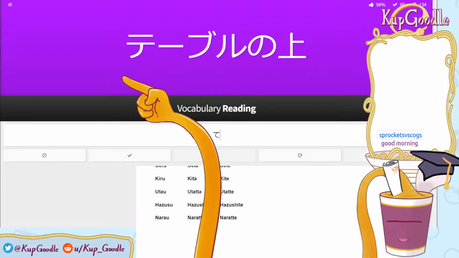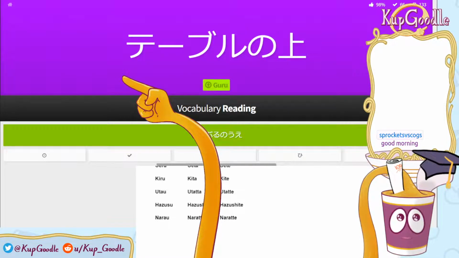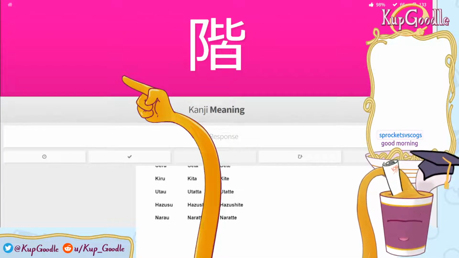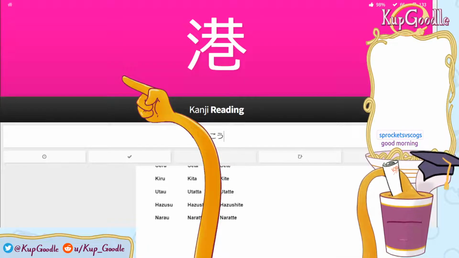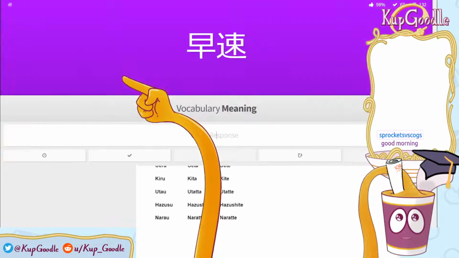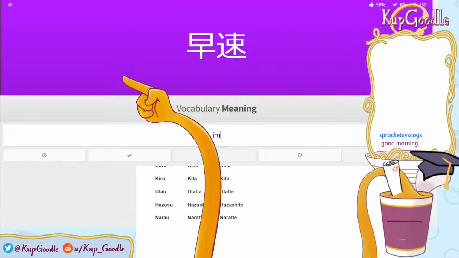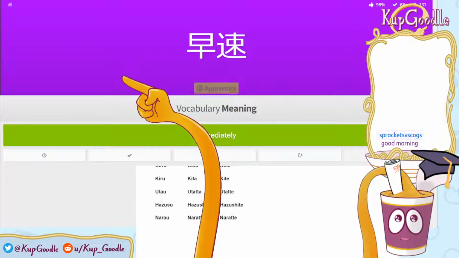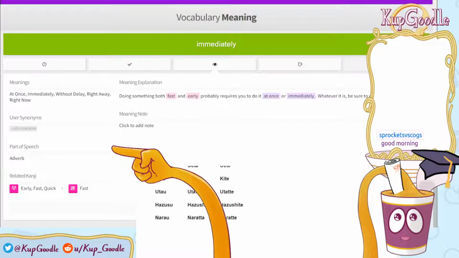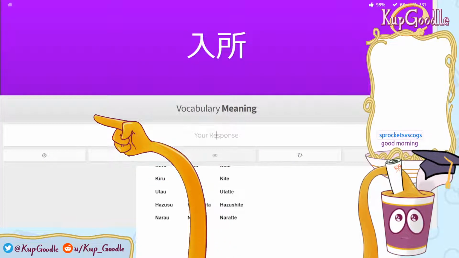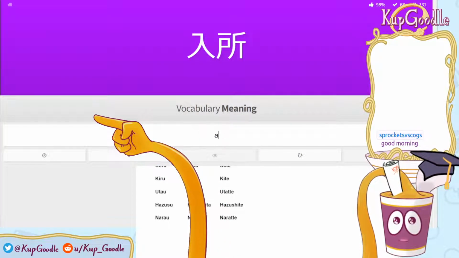Table no way. Kai, floor, story. Reading Cole. With Koichi Sasuke's immediately. At once, immediate, without delay, right away, right now. New show, admission, entrance.